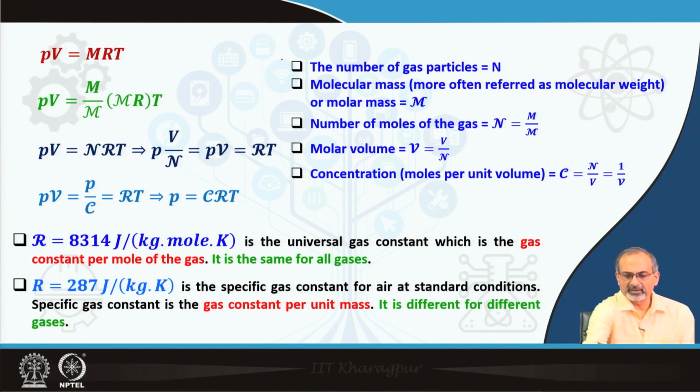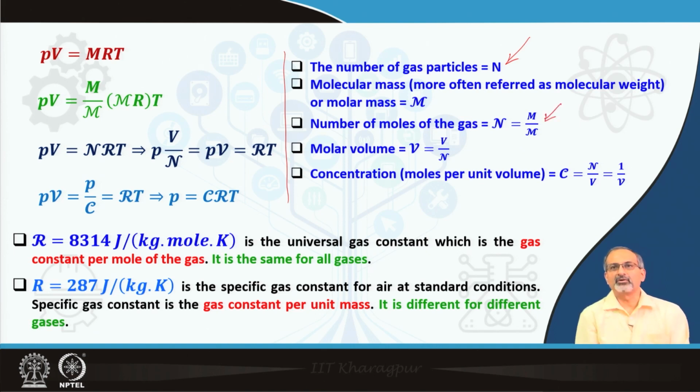As we do that, let us take note of some more nomenclature here. Let us introduce the number of gas particles. We call them N. Molecular mass we have already introduced. We often refer to it as molecular weight also, or molar mass, and then the number of moles of the gas, which is given by the ratio of the mass by the molecular mass.